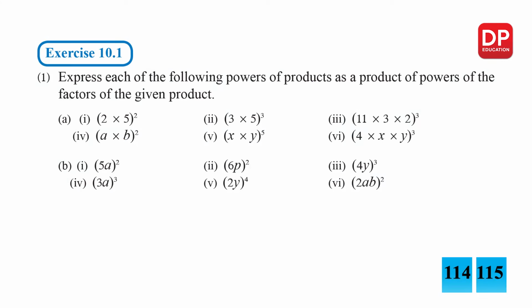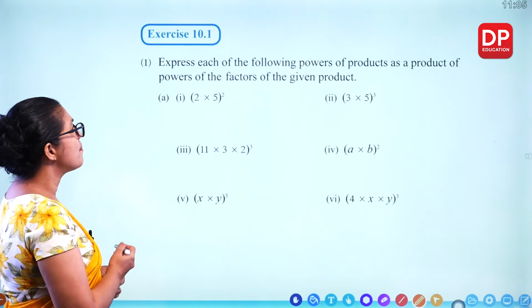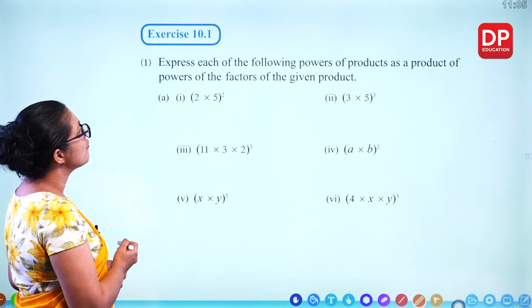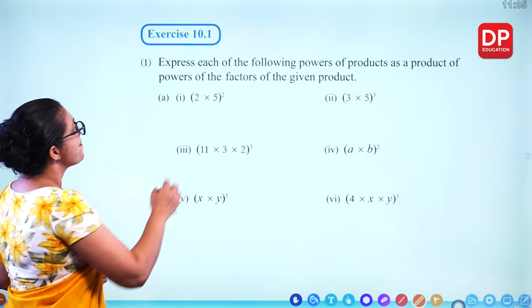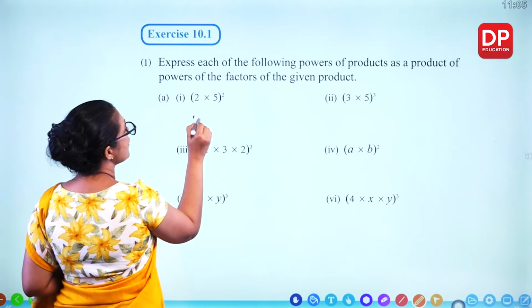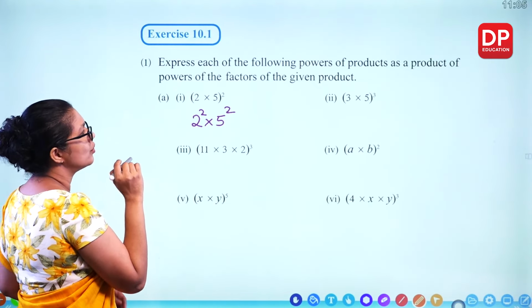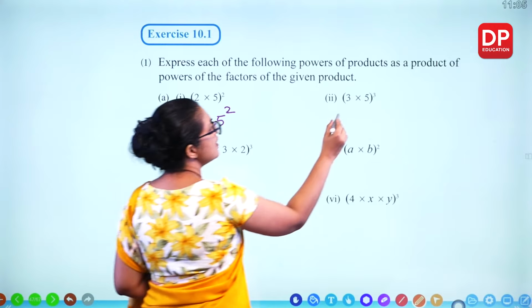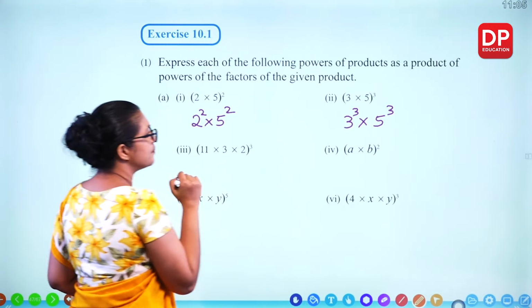Exercise 10.1. Express each of the following powers of products as a product of powers of the factors of the given product. So power is 2, you can write 2 to the power 2 and 5 to the power 2. Here you can write 3 to the power 3 and 5 to the power 3.